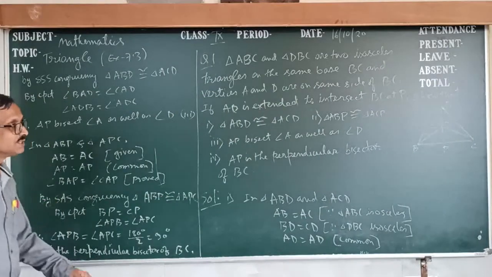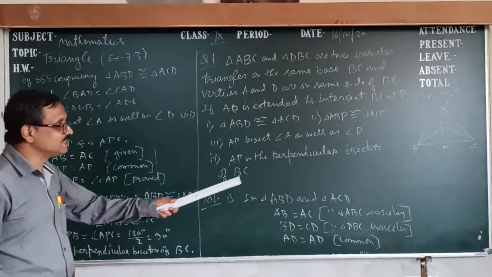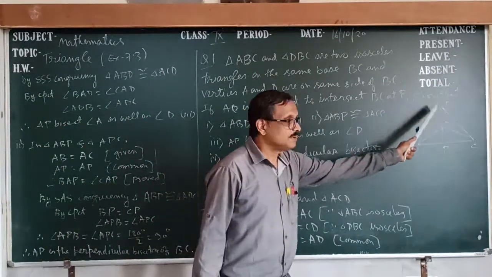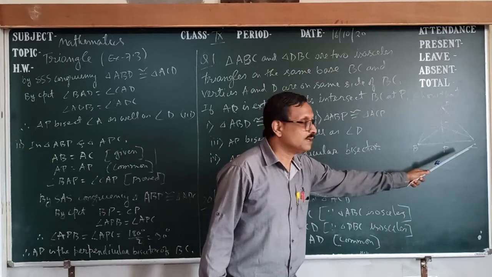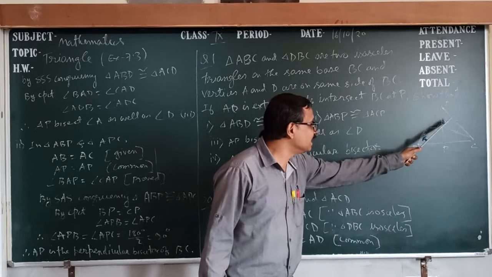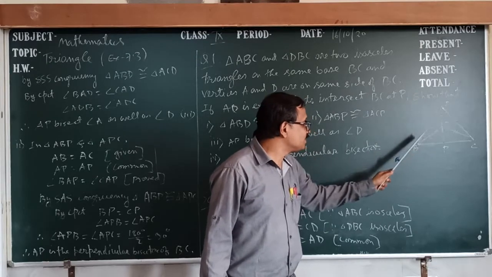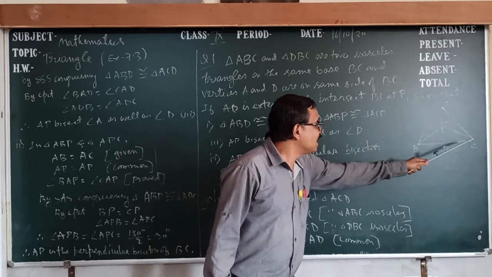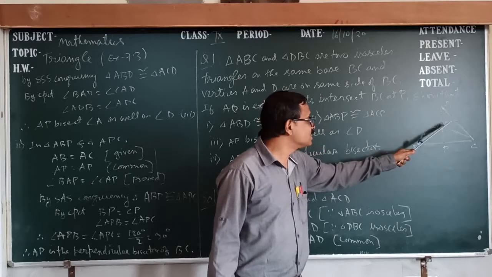Since angle BAD and angle CAD are equal, we can say AP bisects angle A. Since angle BDA and angle CDA are equal, we can say AP bisects angle D. Why are they equal? By CPCT, because the triangles are congruent.